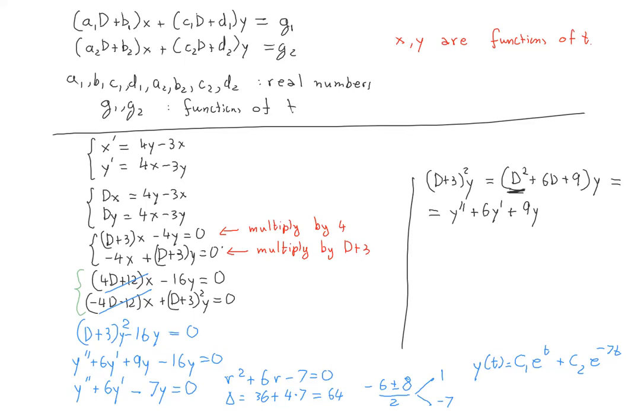So you could go back to this system right here, and try to apply elimination so that you get rid of y. And you would do exactly the same thing. So you would multiply this equation by d plus 3. You would multiply the second one by 4. And then when you add them up, the y's would cancel each other. And this would give you, first of all, an equation that would have the same auxiliary equation as the one that you had for y.